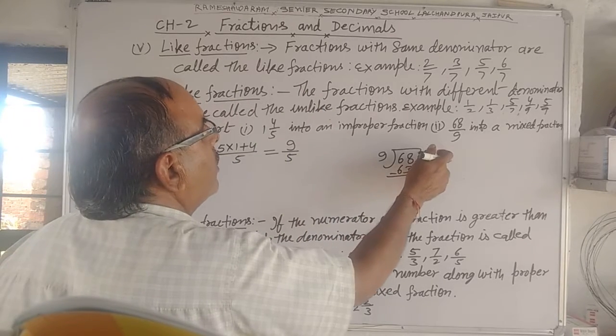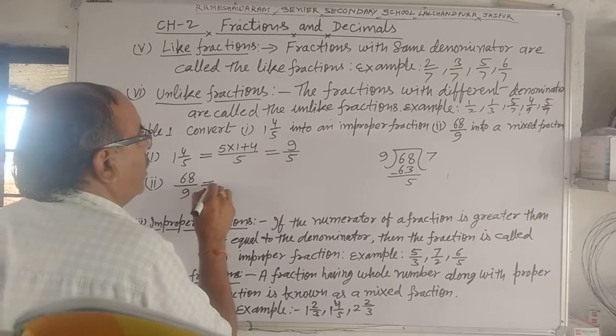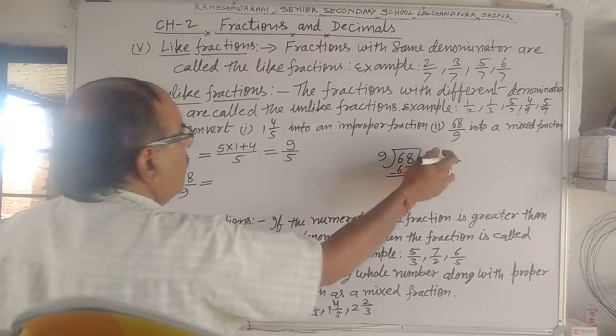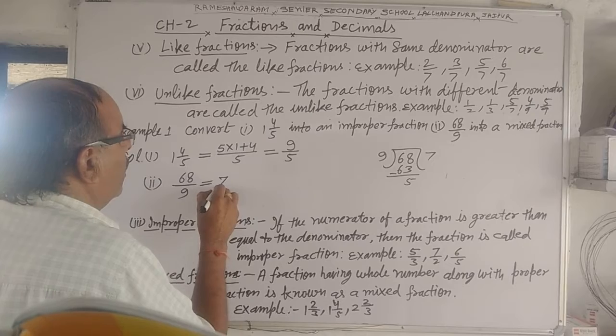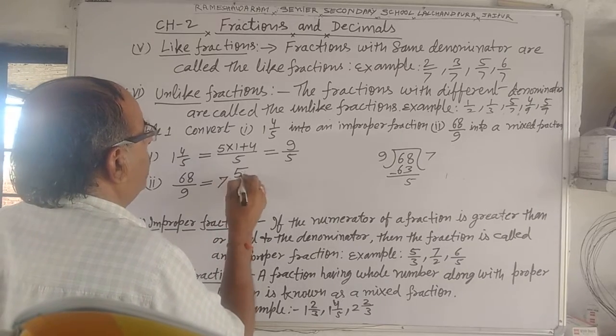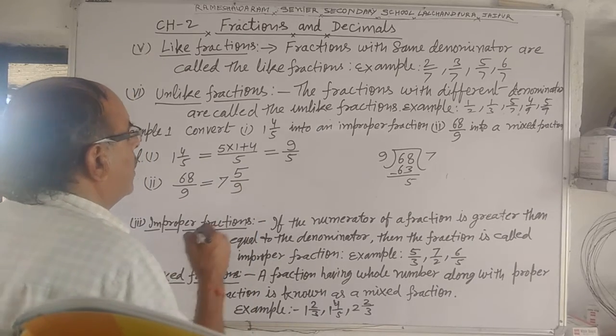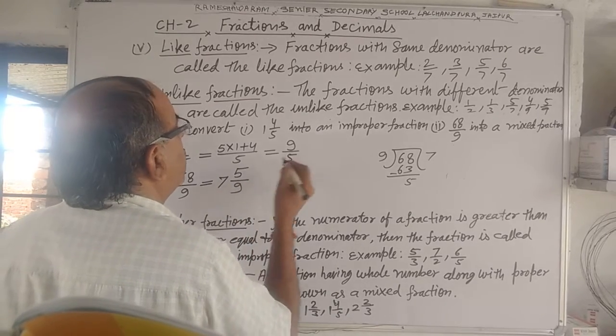The quotient is 7 and the denominator is 9. Then the whole number is 7, the remainder is 5 and the denominator is 9. It is a mixed number.